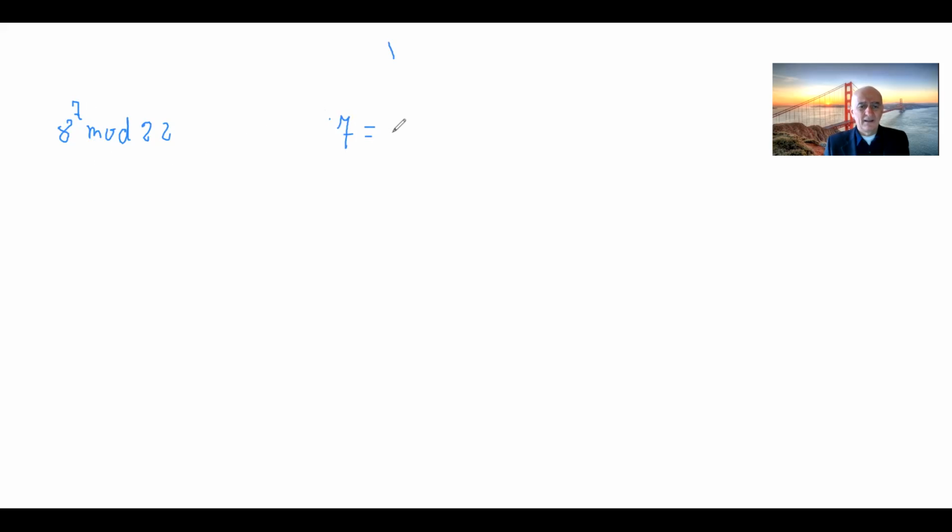So 7 is 2 in the power 2 plus 2 in the power 1 and 2 in the power 0.